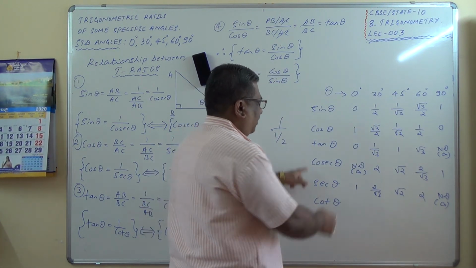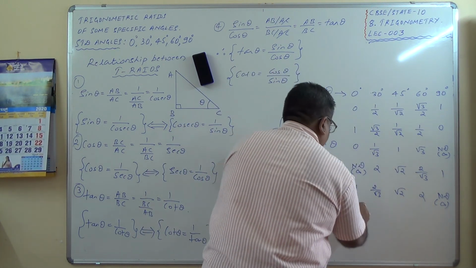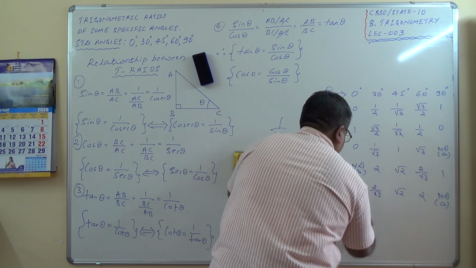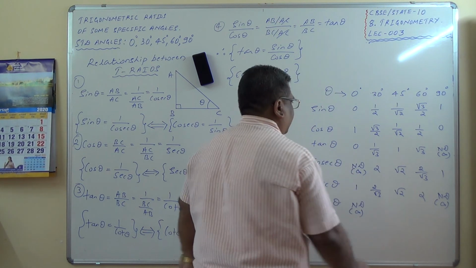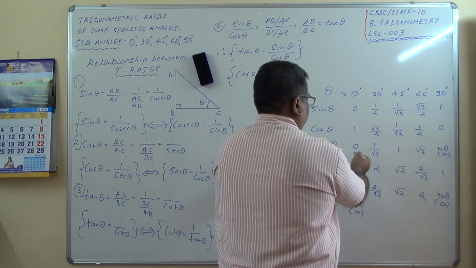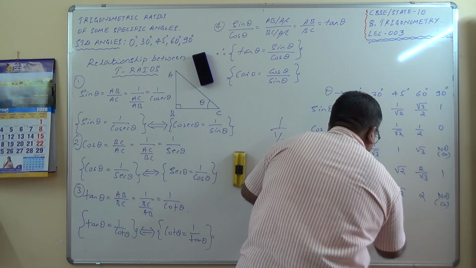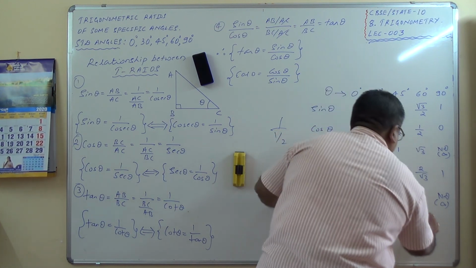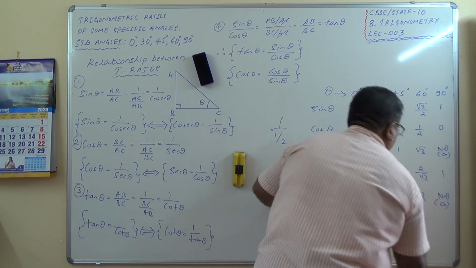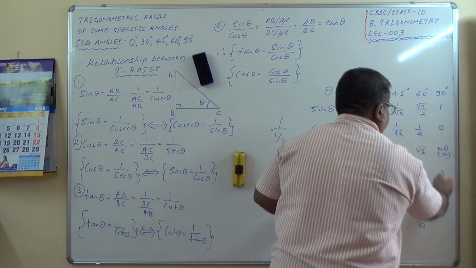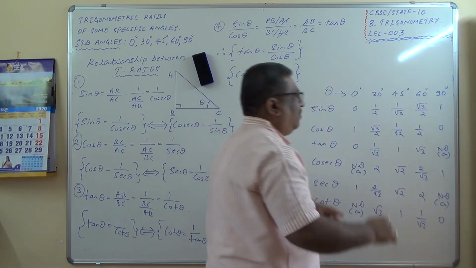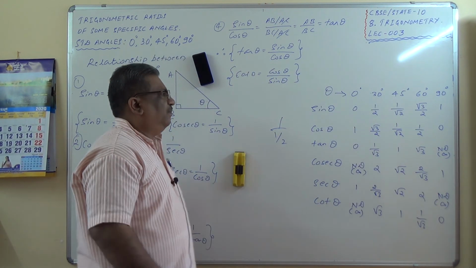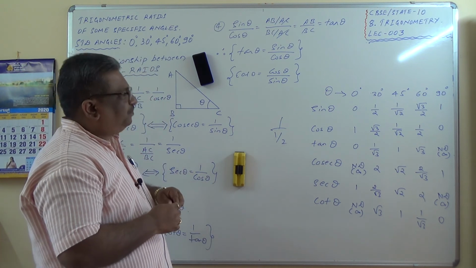Cot is the reciprocal of tan: 1 by 0, not defined, or infinity. And this one, root 3, take the reciprocal, 1 over root 3. This is 1, and 1 over root 3, 1 over root 3, and 1 over infinity, 0. 1 divided by a very large number is 0. So these are the values.